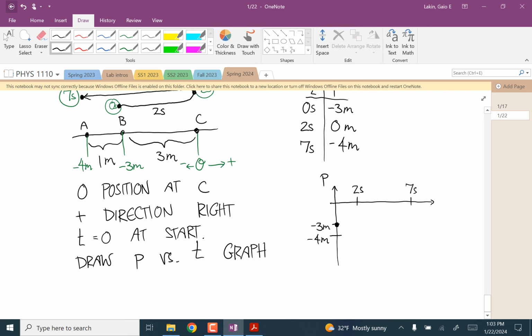The second one is 2, 0. And the third one is 7, negative 4. Anybody have any questions about that process?